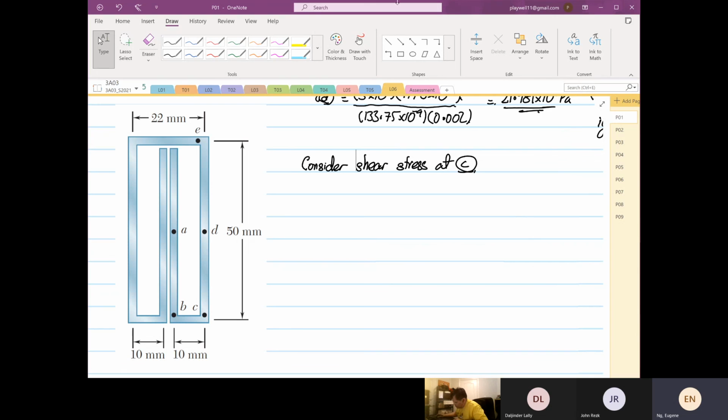So from here, I'm going to draw the centroid. Again, this is our centroid, and this is our Vy.